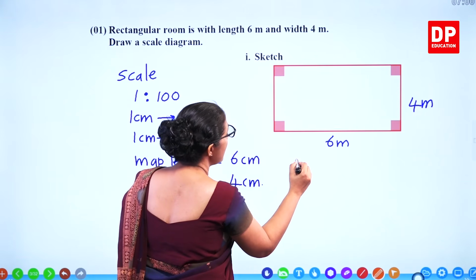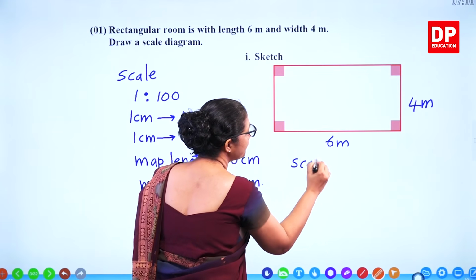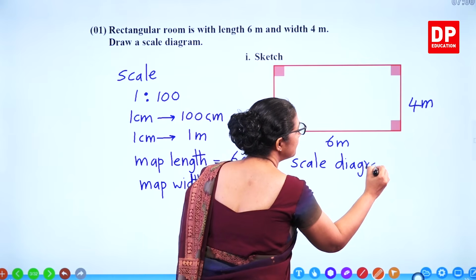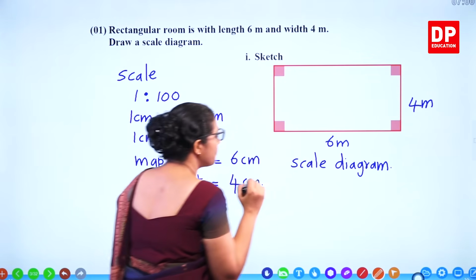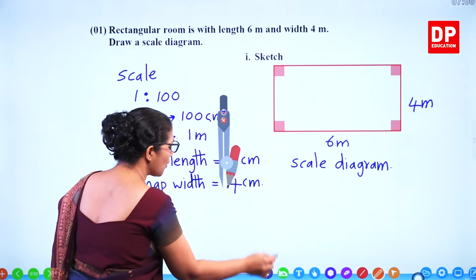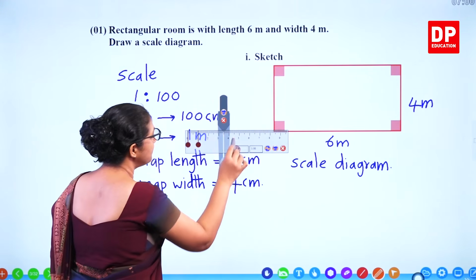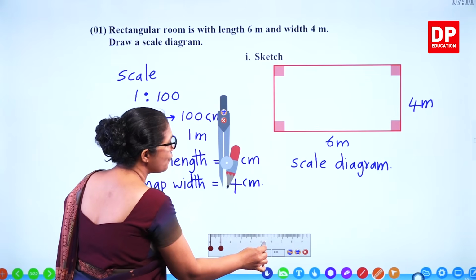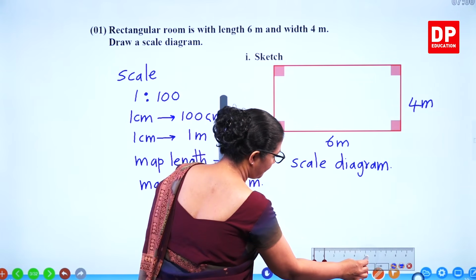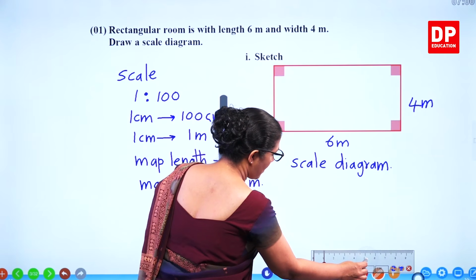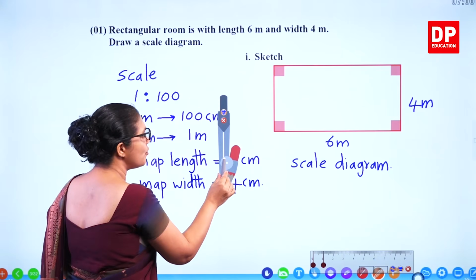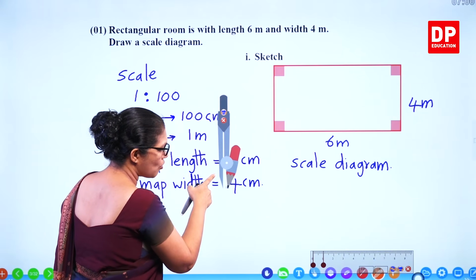So I'll write scale diagram now. We are trying to draw the scale diagram. So take the ruler and the compass. First thing you can do, you can measure. Now you need 6 centimeter length. Here you sometimes don't need the compass.